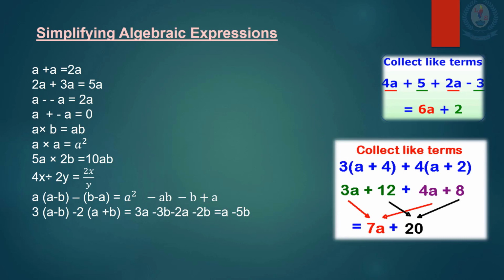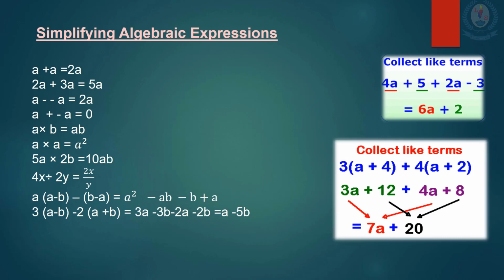So positive and negative, the final answer will become 0. A times B equals AB. A times A, A to the power 2 or square of A. Next one, 5A multiplied by 2B. You can multiply the numbers, 5 times 2, 10, 10AB. 4x divided by 2y.